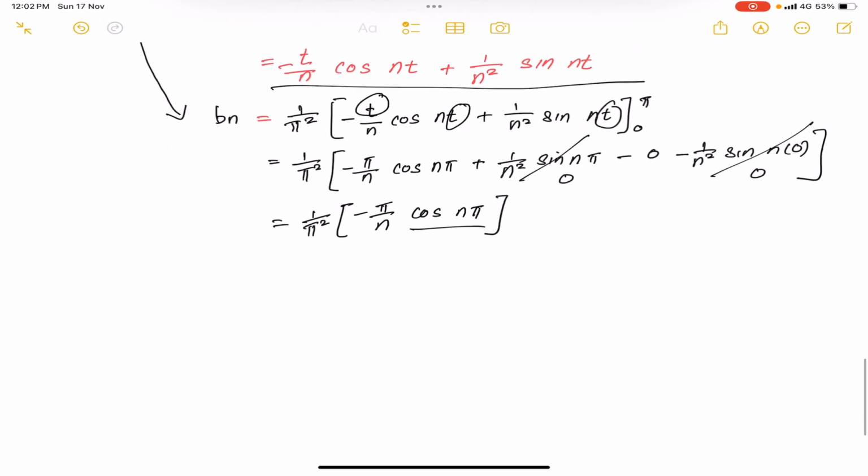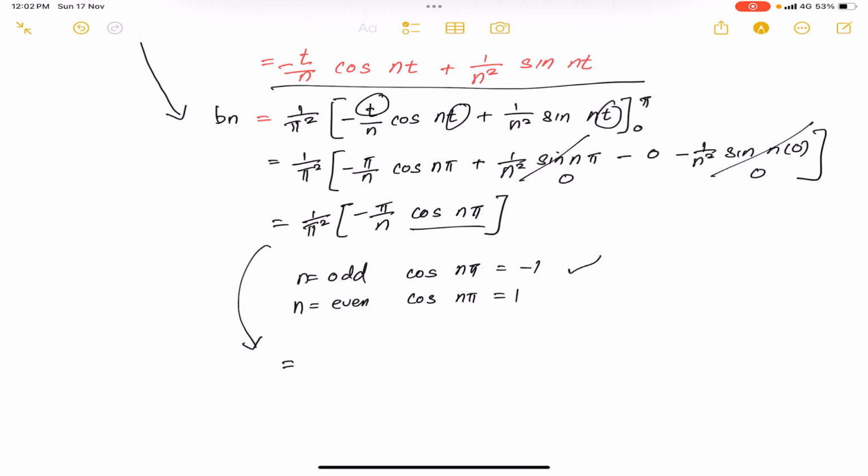Just now you already tested for n equal to odd, the cos n pi, you will get -1, and then for n equal to even, the cos n pi is equal to 1. So you can substitute in here. For n equal to odd, you get -1. So -1 multiplied with negative pi over n, you get positive.